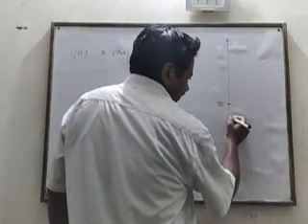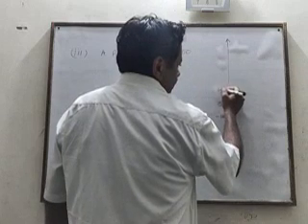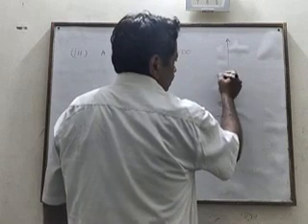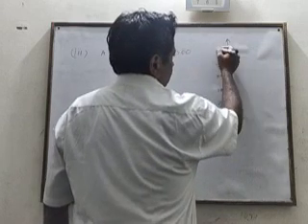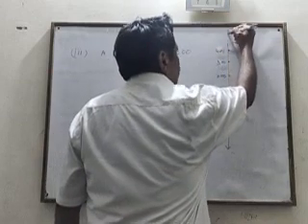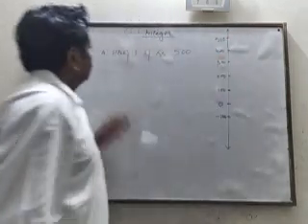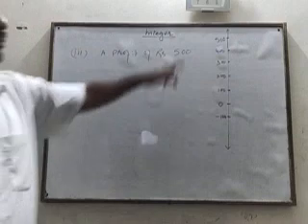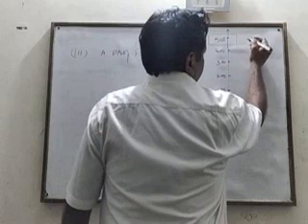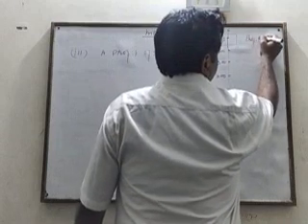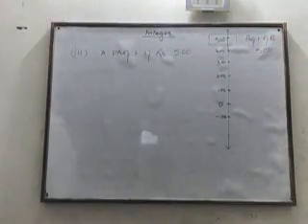Then below 0, that is minus 100. And above 0 I am taking 100, 200, 300, 400, and then 500. So profit of rupees 500 means plus 500. So this is my representation, profit of rupees 500 on the number line.